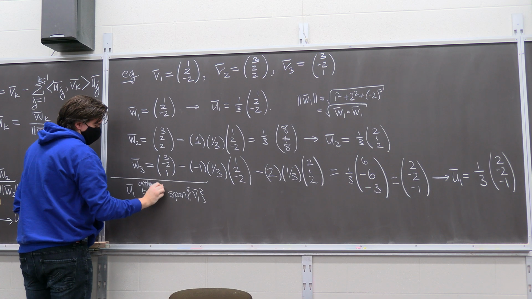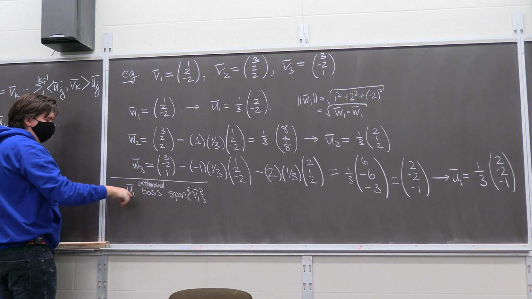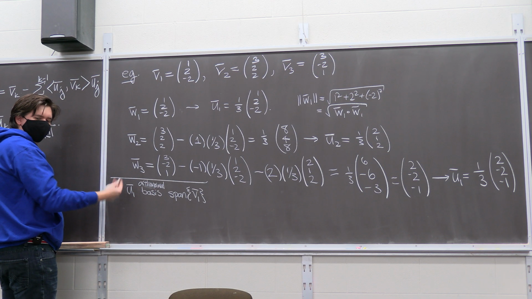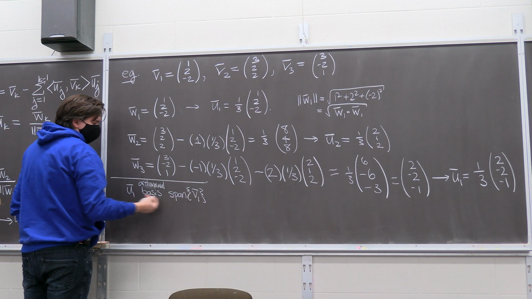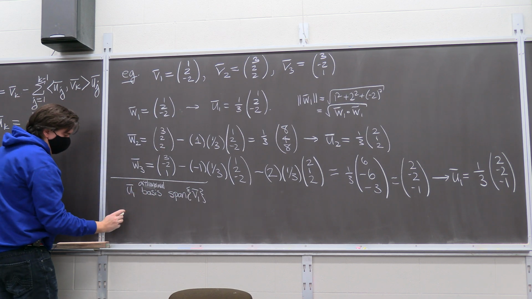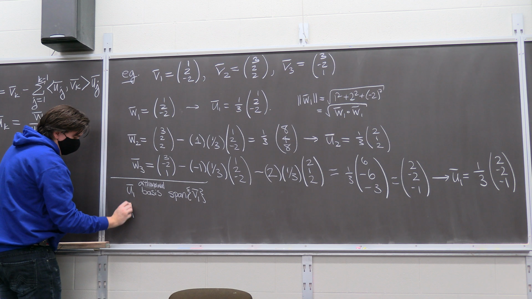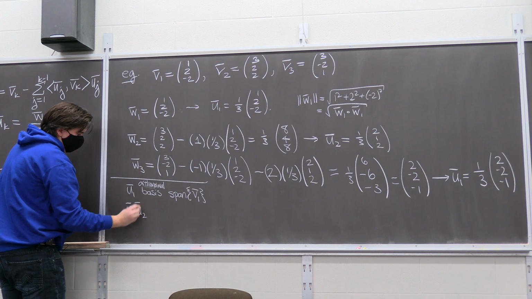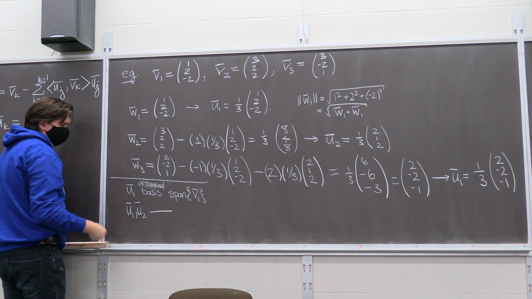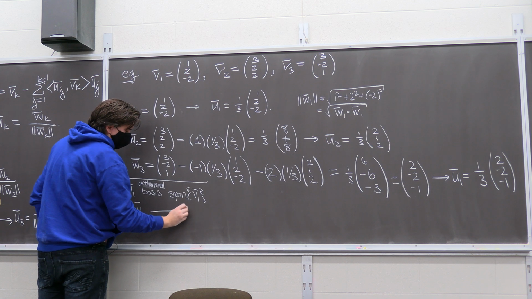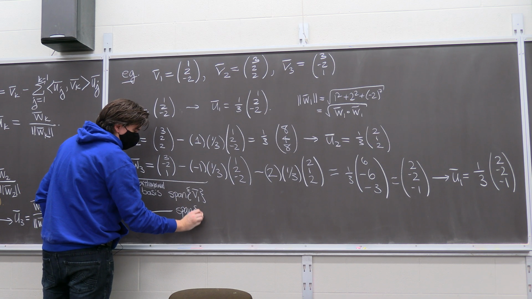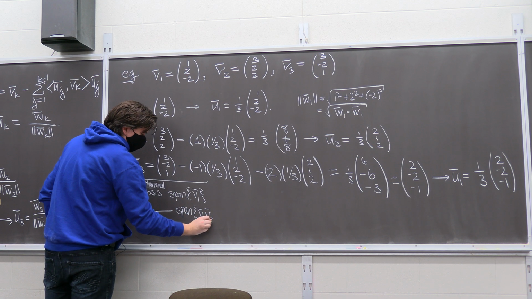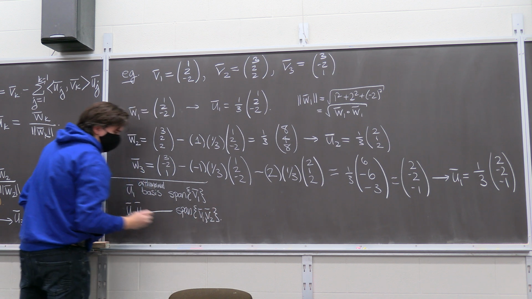Orthonormal basis. Now, it doesn't really make much sense for a single vector to be orthonormal, except that it's a unit vector. So all we've done is turn that into a unit vector. But then when we had U1 and U2, that becomes an orthonormal basis for the span of V1 and V2.